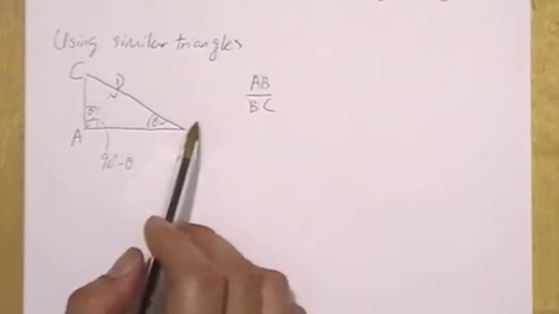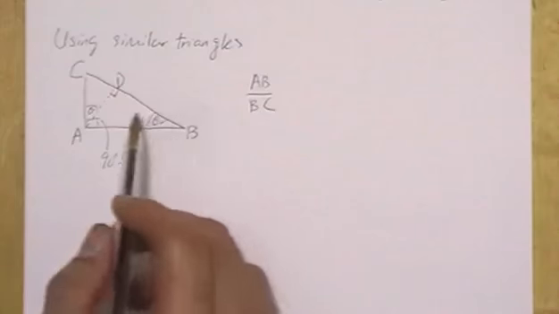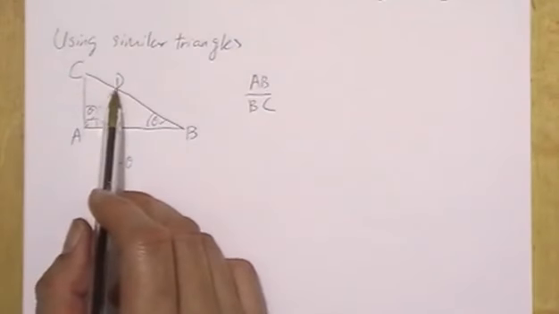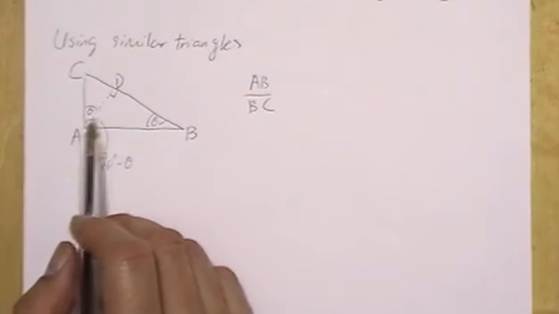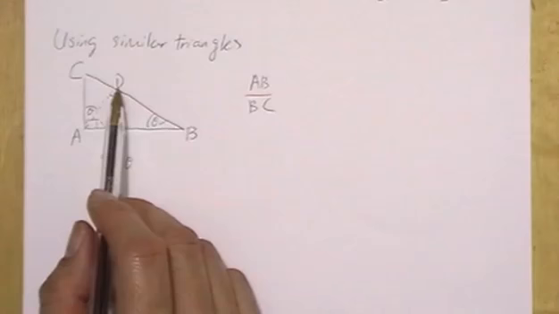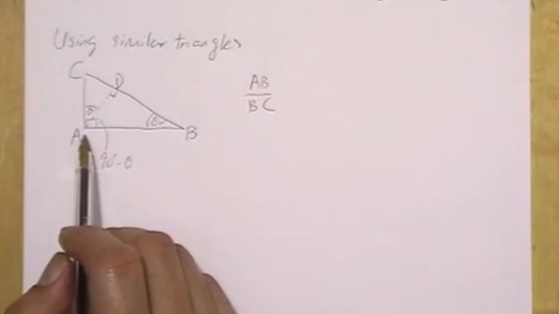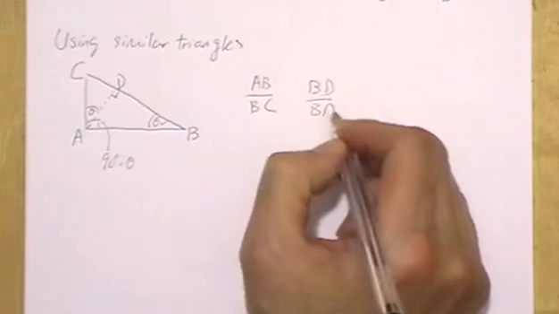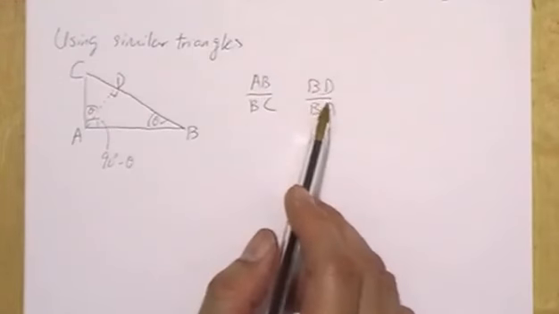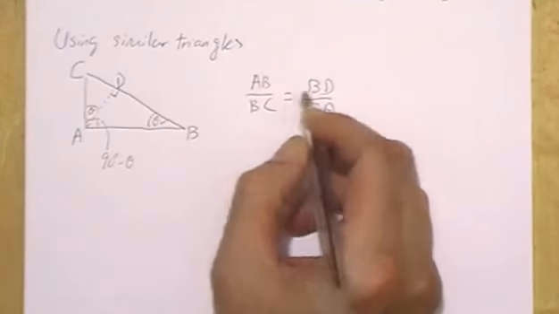So this ratio should be equal to, if I look at this triangle, the corresponding sides, BD over BA. And since these are corresponding sides, the two ratios should be equal.